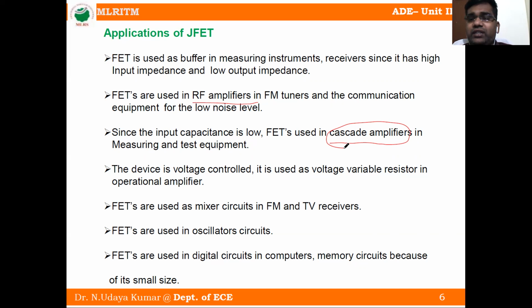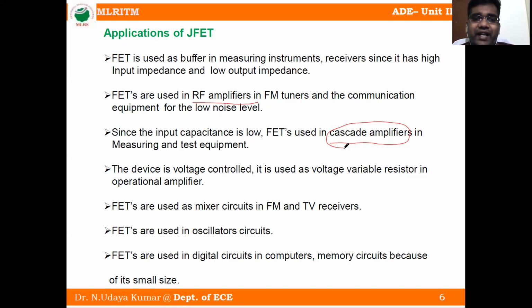We add a second stage, next third stage, fourth stage, like that we are adding FET amplifier stages, like an RC coupled amplifier, first stage, second stage, third stage. Multi-stage amplifiers mean gain will increase. Here also, cascade amplifiers mean we are adding section by section for improvement of gain.